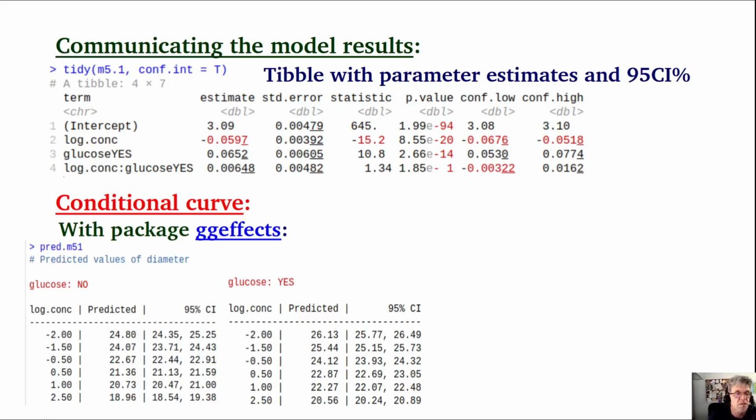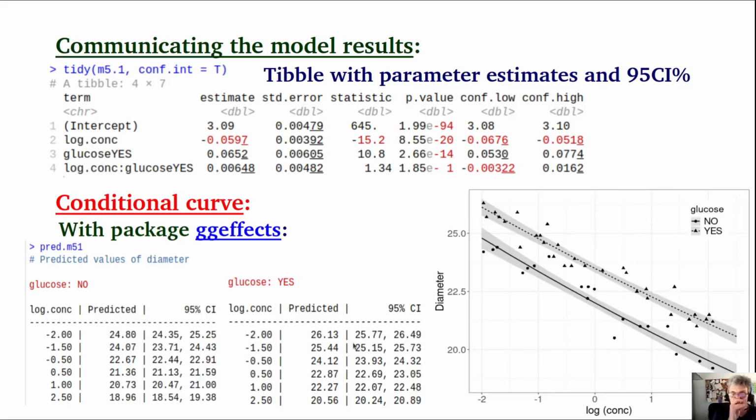Here we have a set of values for the centered log concentration, from 2 standard deviations below the mean to 2.5 standard deviations above the mean, and the predicted values for glucose no and for glucose yes. With this we can obtain the following plot showing the fitted curves and the actual data, showing the pretty good fit of the model, which is of course related to the very high R square that I alluded to before.